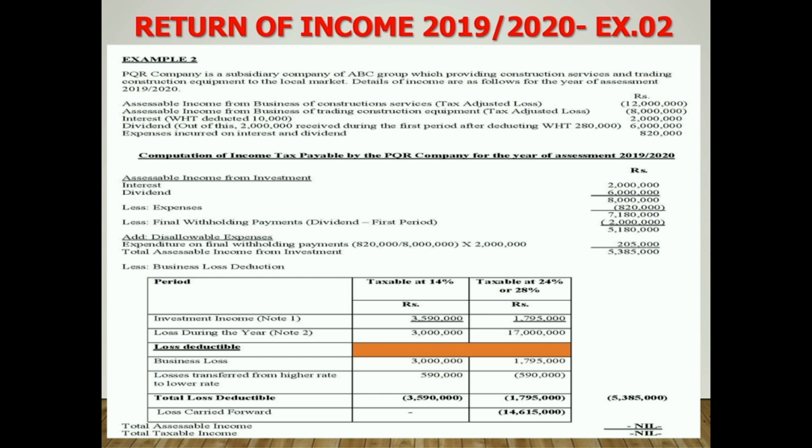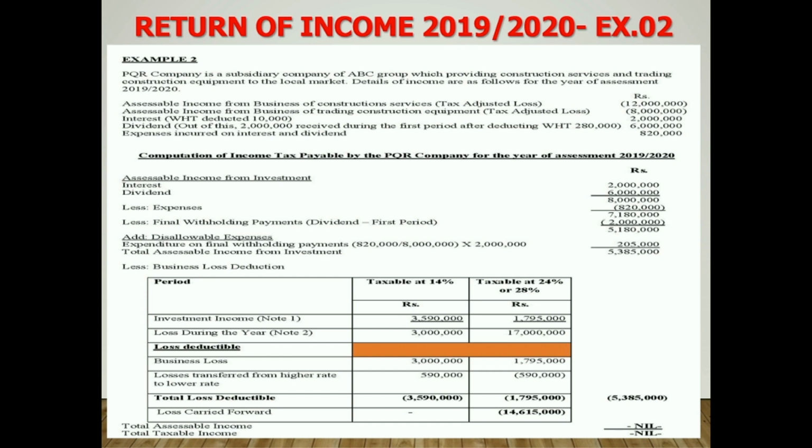As I have calculated, expenses incurred on dividend derived during the first period is rupees 205,000, so I have disallowed that 205,000 in arriving at the total assessable income from investment income.